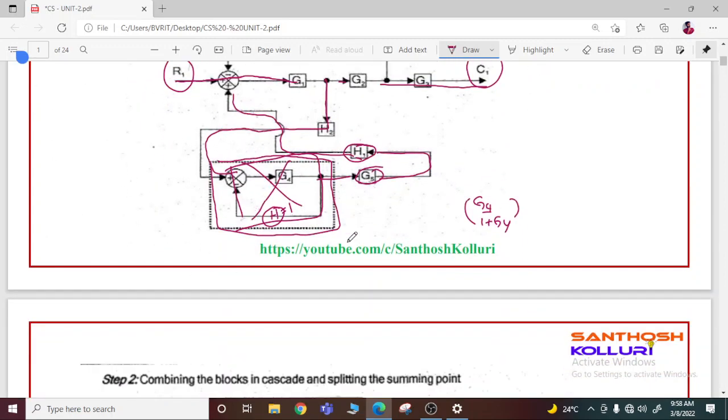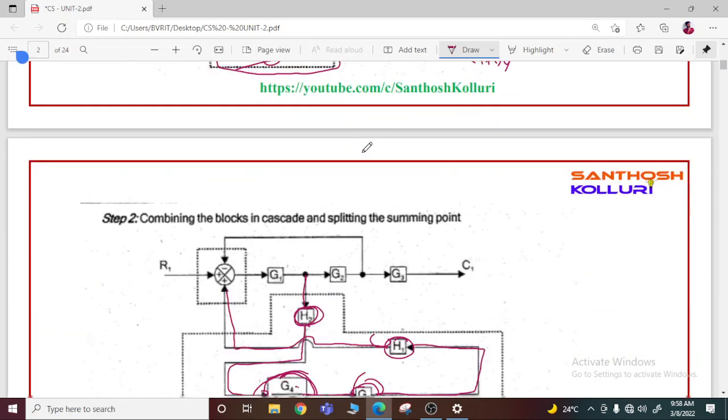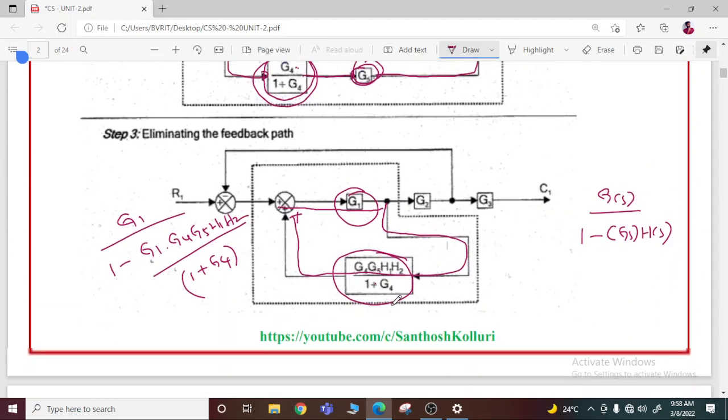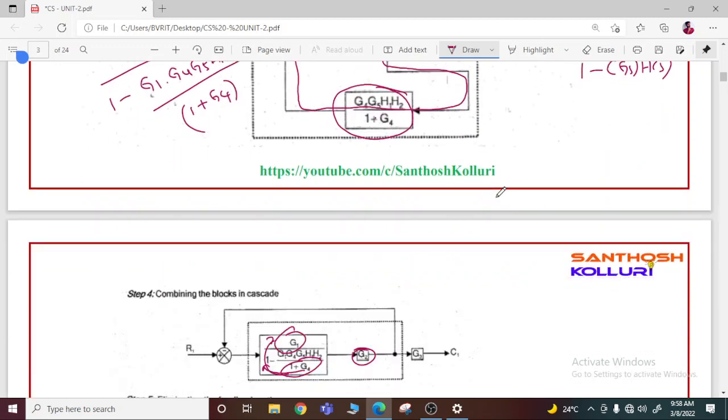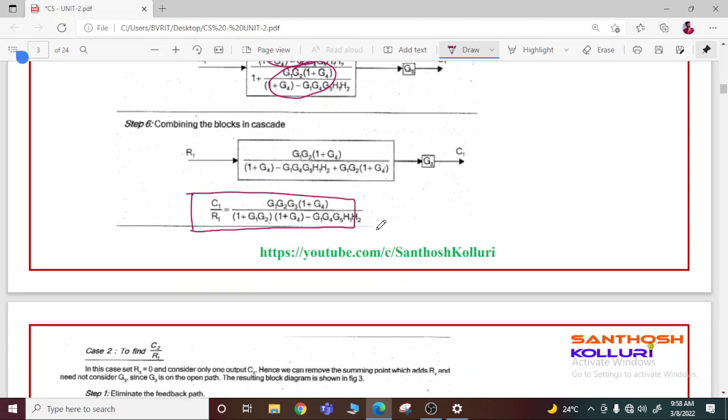After that eliminate the cascaded blocks by multiplying the blocks, and this is our resultant block. After that eliminate the positive feedback, this is cascaded, multiply it, again negative feedback, eliminate it, and this is cascaded, multiply that. That's it. This is your answer.